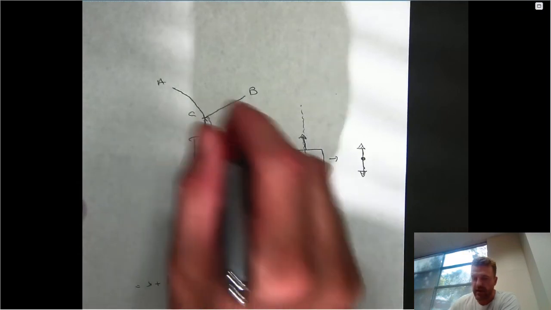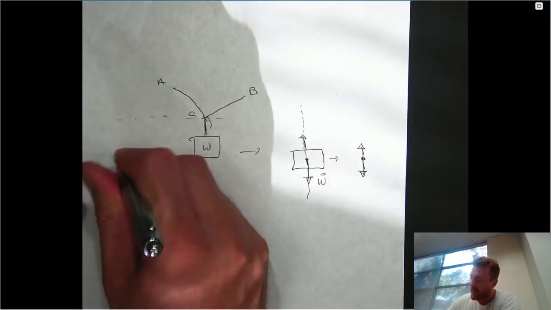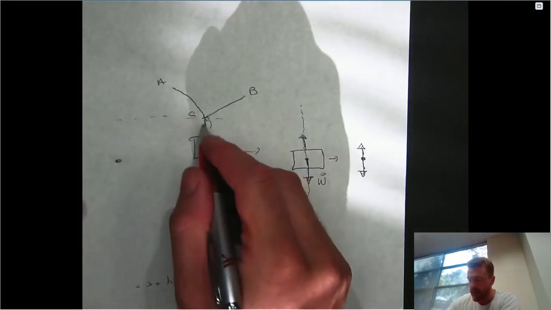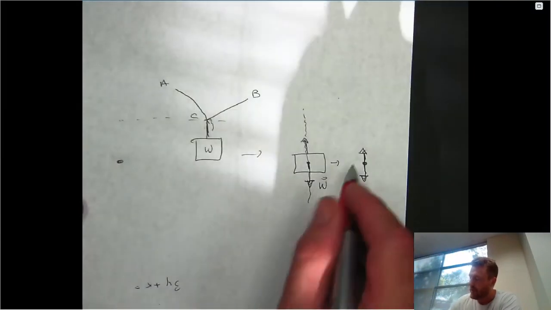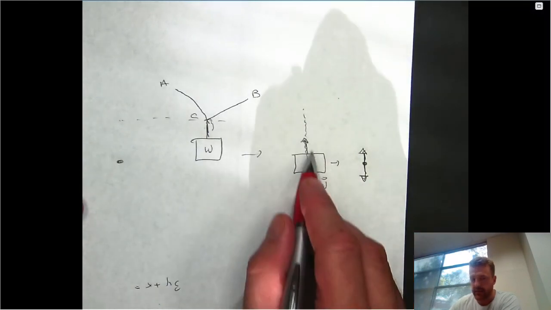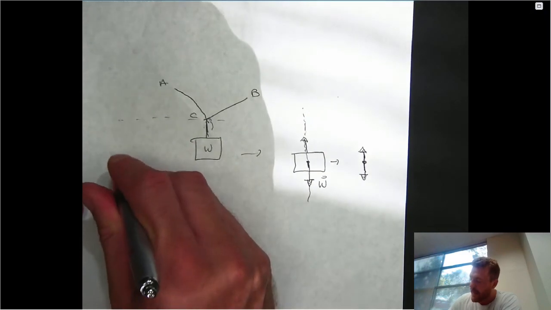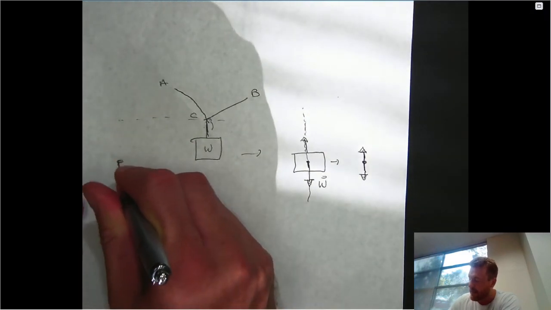In addition, what they're trying to do here is draw a free body diagram at point C. If you think about what's going on at point C, even though when we depicted the force that the cable exerts on the crate it was pulling the crate up, from the perspective of the knot at C, this cable is actually pulling the knot down.